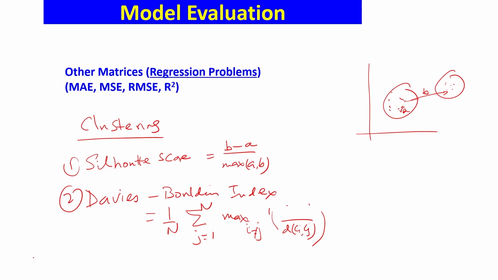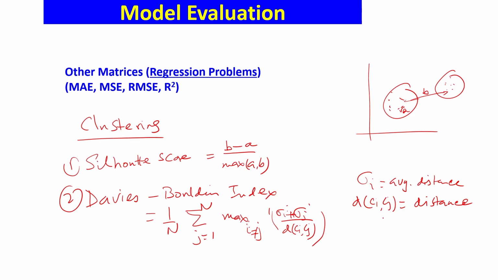So, what are sigma i, sigma j, and d? Let me explain. Sigma i is the average distance between the points in cluster i, and sigma j is the average distance in cluster j, where i and j are two different clusters, not equal to each other. D of ci cj is nothing but the distance between the centroids. Remember the centroids, right?